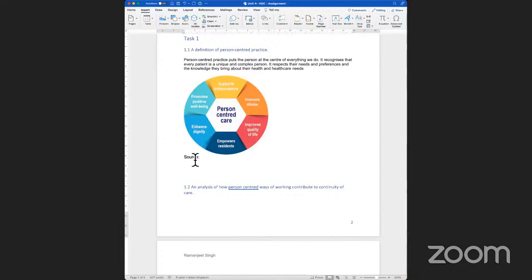So I need to put the source of the image, because I've looked at person-centered approach and put that image into my assignment. So what I need to do in this case is also mention the source, and this is from the NHS website. And then I obviously need to put a link for the person-centered approach.